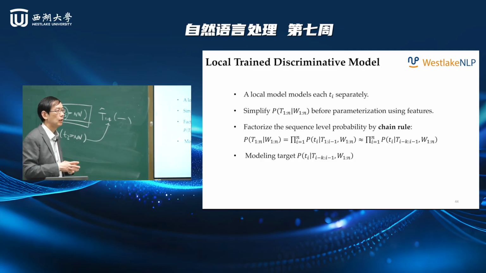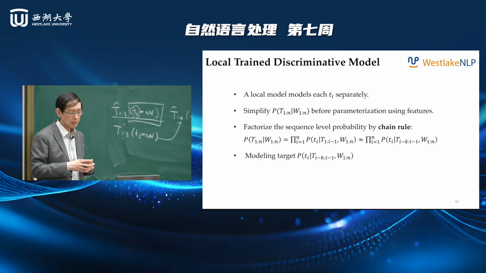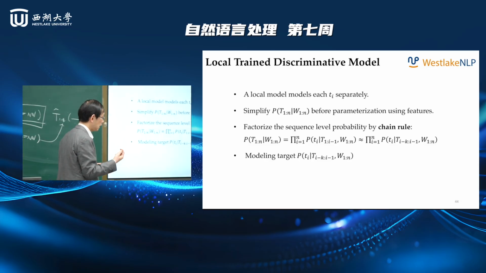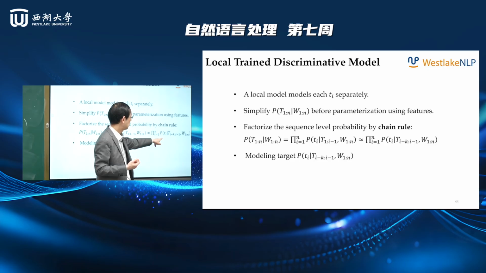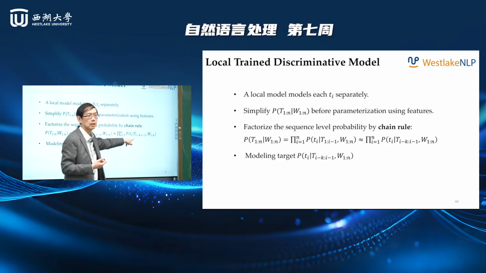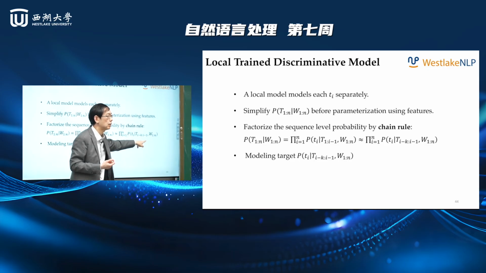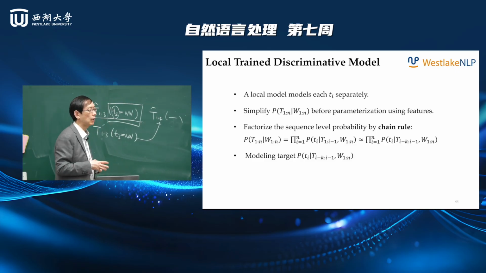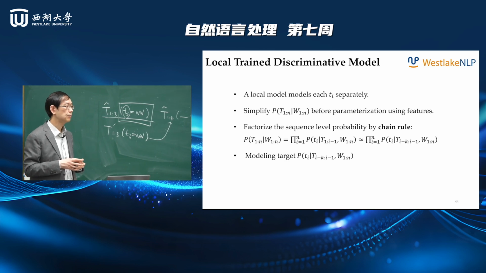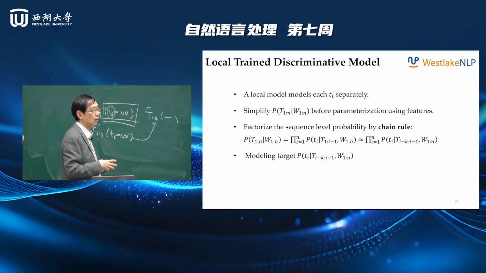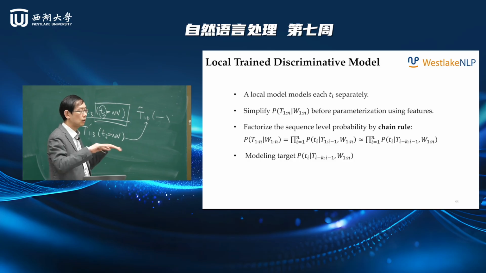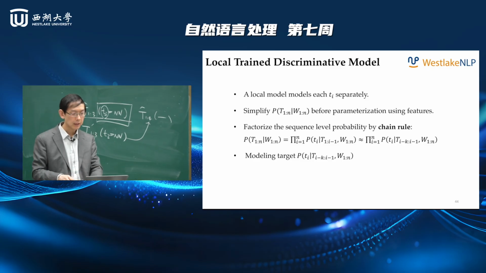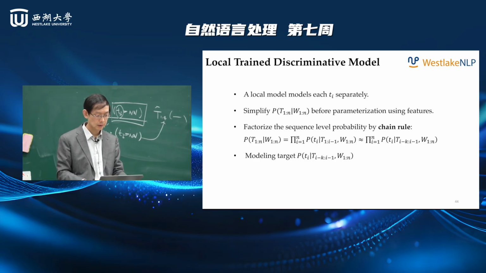But now, let's assume every tag is dependent on k minus 1 previous tags. This is the independence assumption. A very simple trick, right? And now we got the model to build. It's not to predict every tag independently, but to predict the tag given the word sequence and the previous k minus 1 tags.